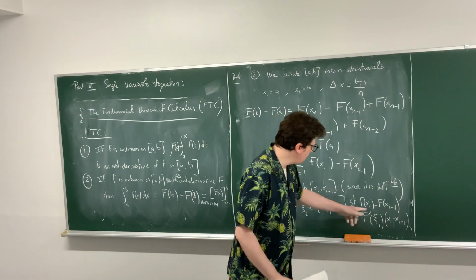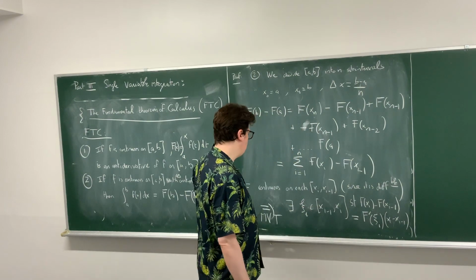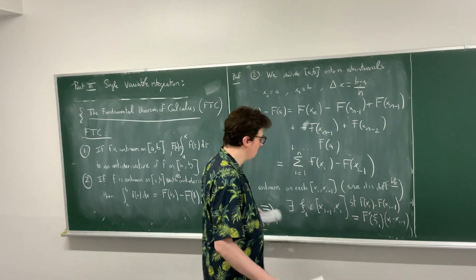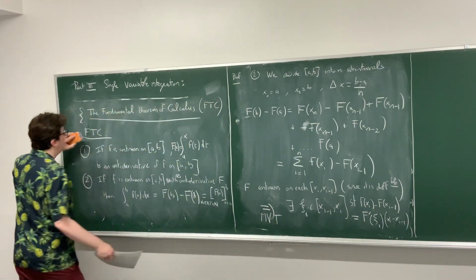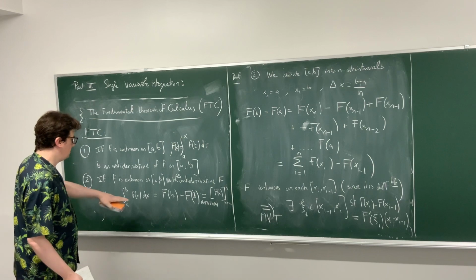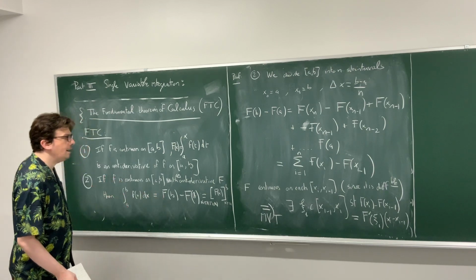I reformulate slightly the MVT. The MVT would be that this divided by this is equal to this, but it's basically the same. So here I'm proving 2. So I'm trying to prove this formula.